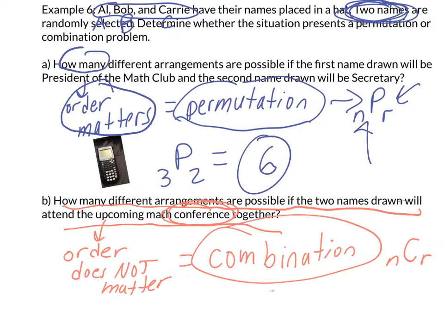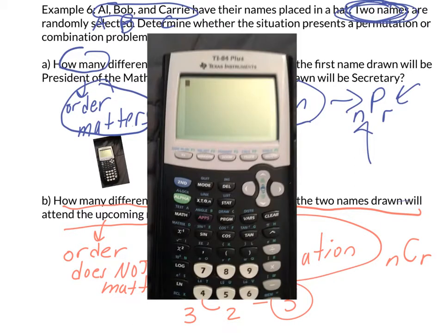The only thing that's similar is you still put the bigger number in first. So there are still 3 total names, Al, Bob, Carrie. And we're going to do a combination or choose 2 of the names from the hat. Let's go ahead and put that into the graphing calculator. But we just saw, writing it out longhand, we should be getting 3 as the final answer if we punch it into the calculator correctly.